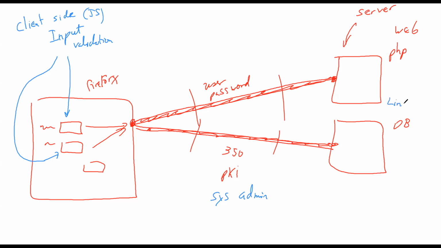Let's say we're using Linux, and you would go into the terminal and do all the configuration, basically what you did in the PKI lab. I think it was like the third lab in 350. After you do that successfully, you'll have an encrypted tunnel. You have inputs validated. You also hash the passwords inside your code. This is done in PHP, and then that should give you a lot of security. Make sense?